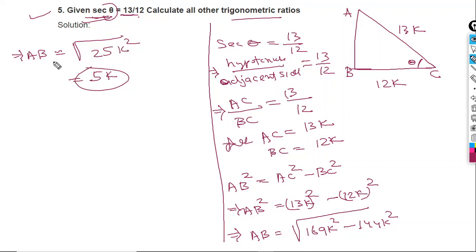So 5k is AB. Now we got the value of AB. Well, what we need now?